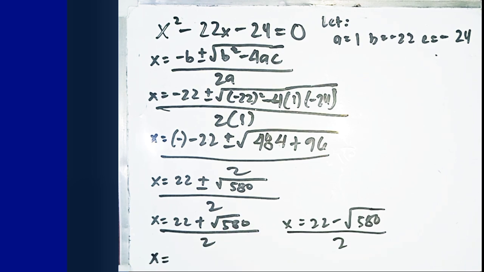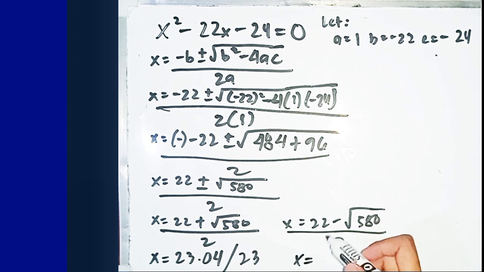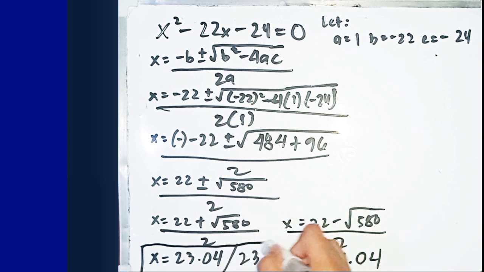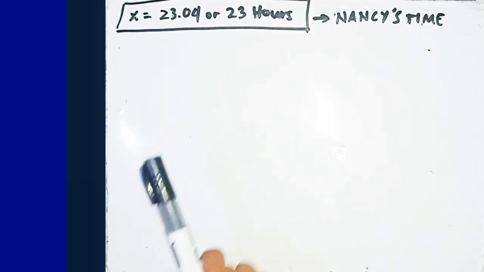That would be 23.04, so we can still round off that one to 23. And the other one, with the negative, would be negative 1.04. So the correct one that we will be using is the 23, since there is no negative time.